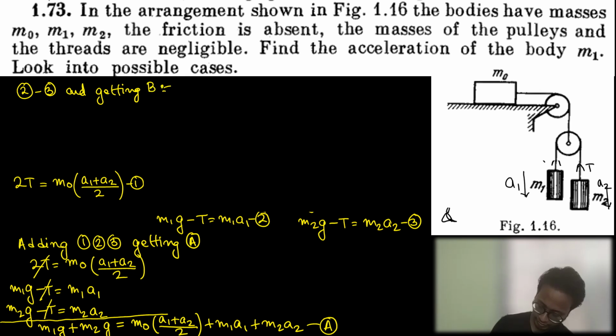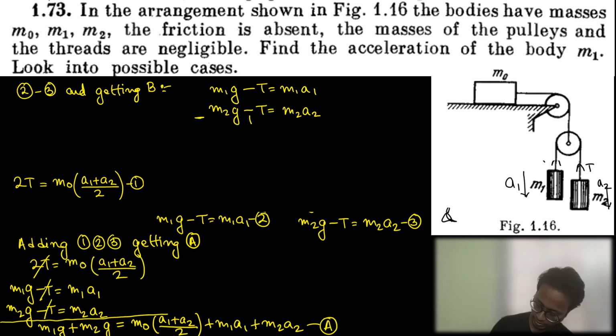Okay, so I subtracted this equation from this equation. So how do I do it? m1g minus t would be m1 a1, and out here m2g minus t would be m2 a2, but out here you have to multiply by minus.